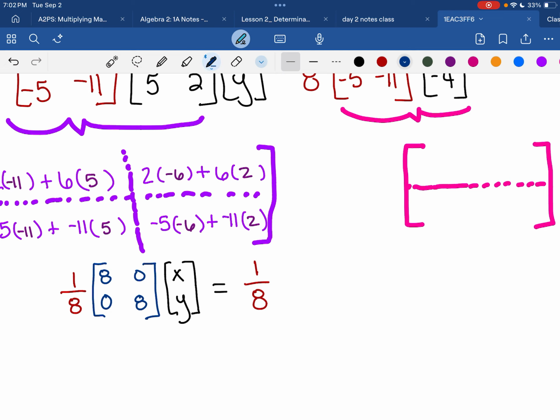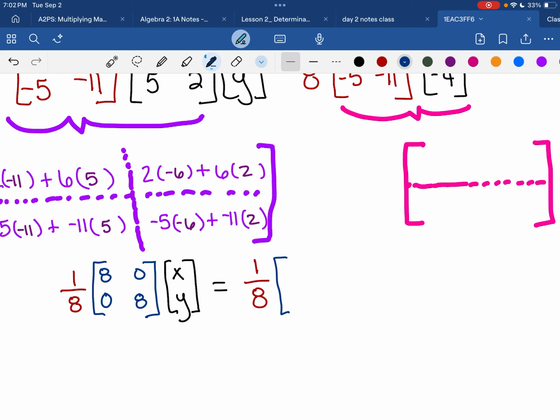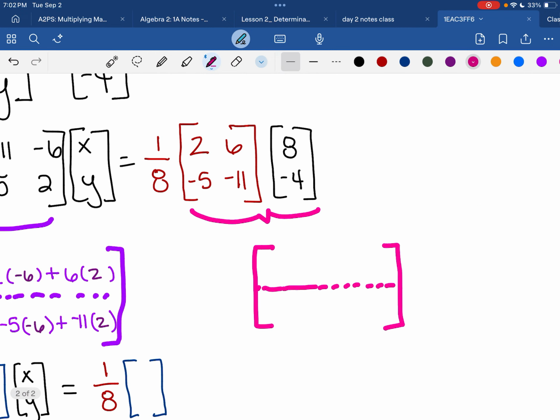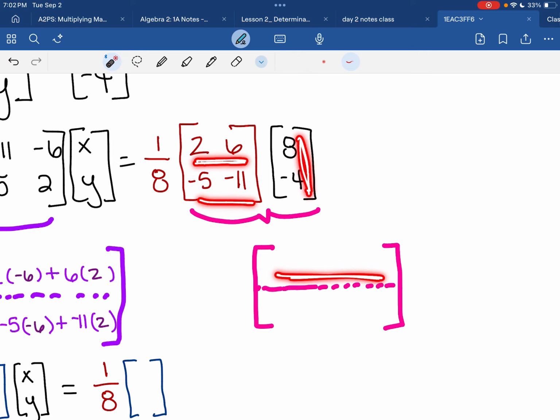And I'm going to write down here in a dark blue what this is going to work out to be. And then I'm going to go over here and do the same matrix multiplication based on my rows. Remember, row 1 times column 1 is going to go right here. Row 2 times column 1 is going to go right here.